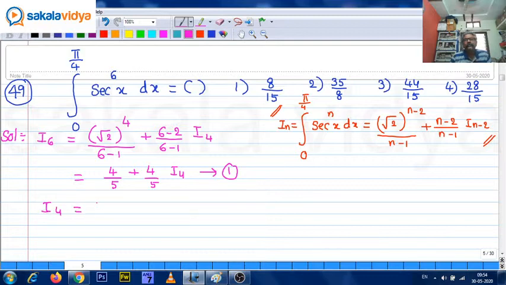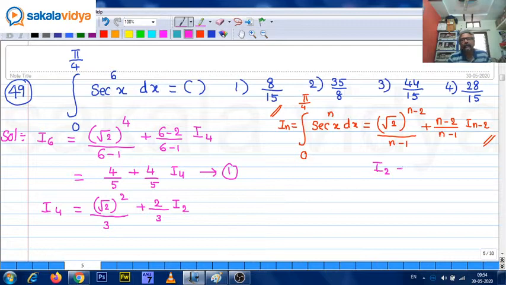I4 equals to root 2 power 4 minus 2, 2, directly I will write now, 4 minus 1, 3, plus 4 minus 2, 2 upon 3, into I2. So what is I2? I will explain.